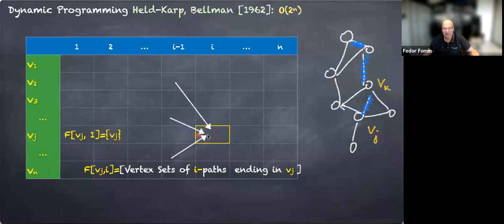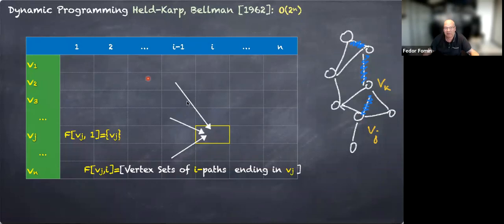If I have a cell vj and i, how do I fill it? There is a path of length i which ends in vj if and only if there is, for some set of vertices which doesn't include vj, a path of length i minus 1 which ends in vertex vk, and this vertex vk is adjacent to vj.